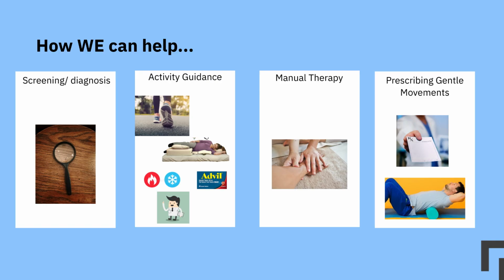In the cases of acute inflammation, or let's say someone comes in and they quote unquote threw out their back, or had a sudden onset of back injury, it's really important in those early phases to help guide activity. How much activity is helpful, how much is too much. Sometimes just through an honest conversation and a little bit of experimentation, we try to help you find that right threshold for activity.